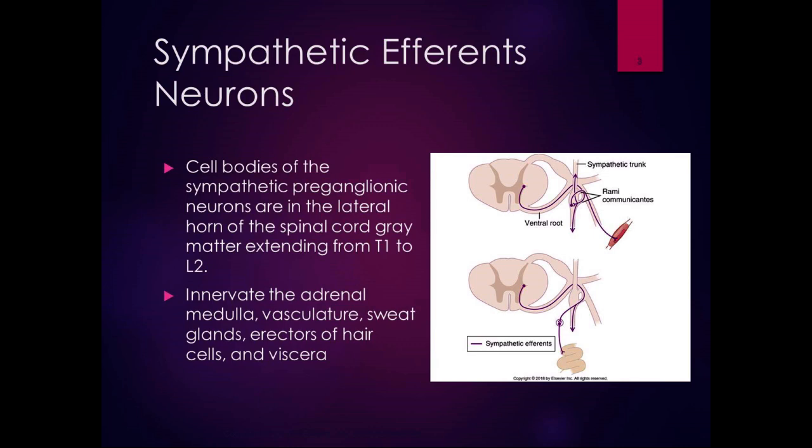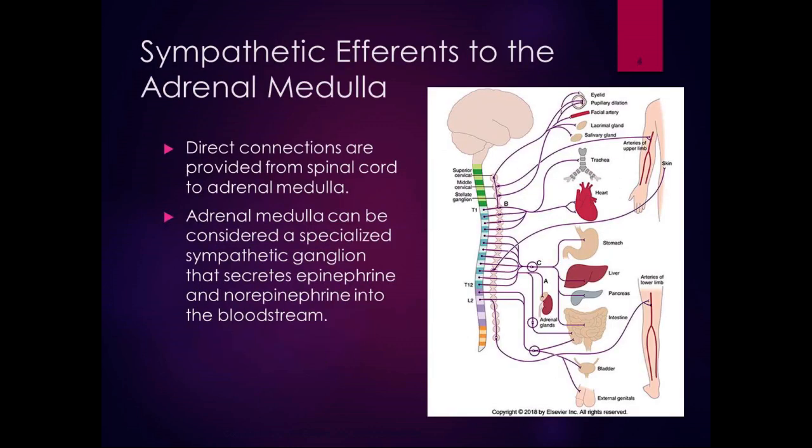Very important for the major effects of the sympathetic nervous system. So there are direct connections from the spinal cord to the adrenal medulla. And so the adrenal medulla can sort of be considered a specialized sympathetic ganglion that secretes epinephrine and norepinephrine directly into the bloodstream. So it has a lot of functions.